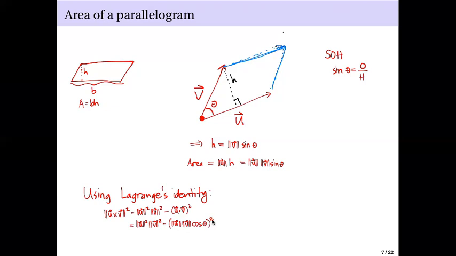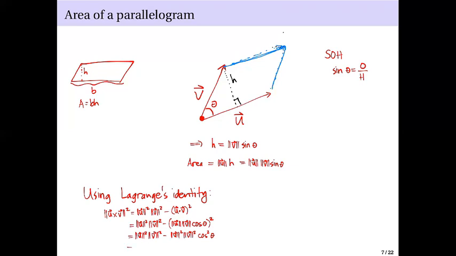You have the square in here, so you can square this. You will get norm of U squared, norm of V squared, and then minus norm of U squared, norm of V squared, and then your cosine squared theta. And then you can factor out norm of U squared, norm of V squared. It's a common factor.